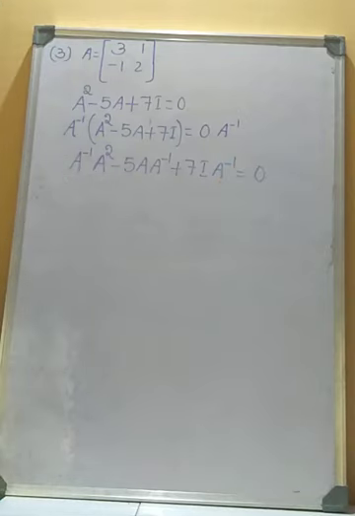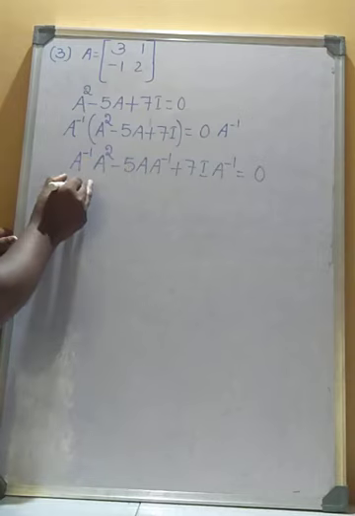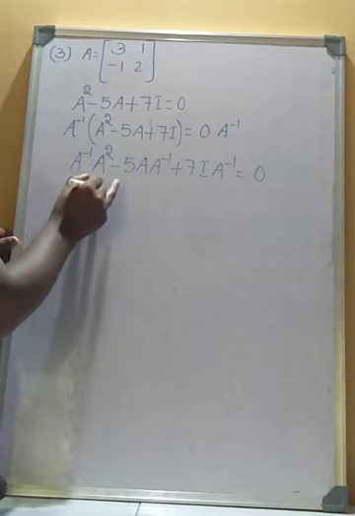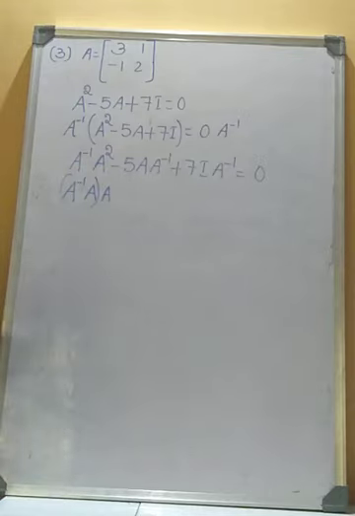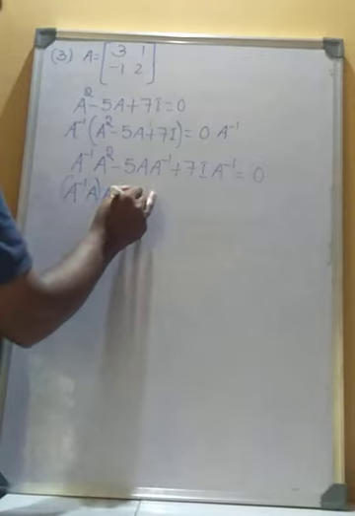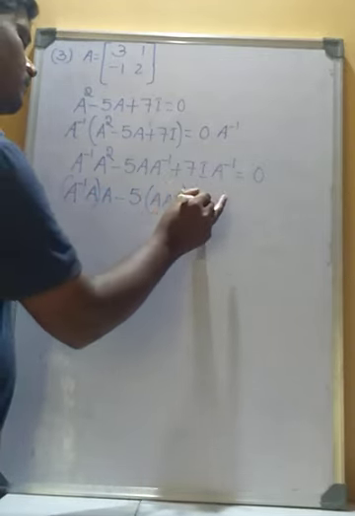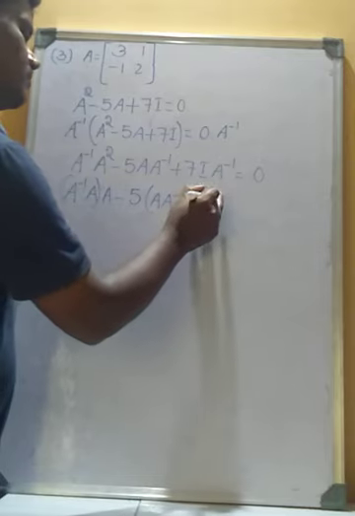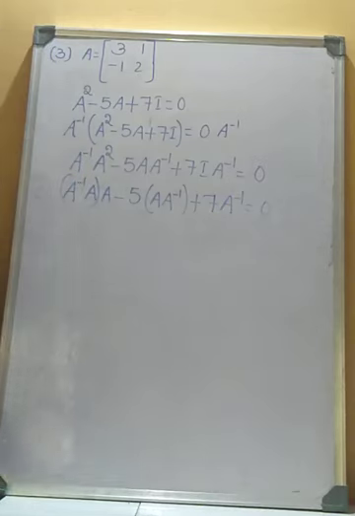So A inverse into A square can be written as A inverse into A into A. Here A inverse into A, by grouping, minus 5 into A inverse A, plus 7I into A inverse, 7 A inverse is equal to 0.